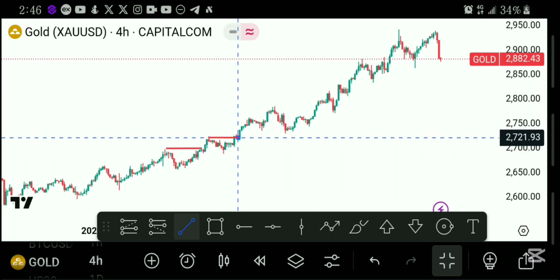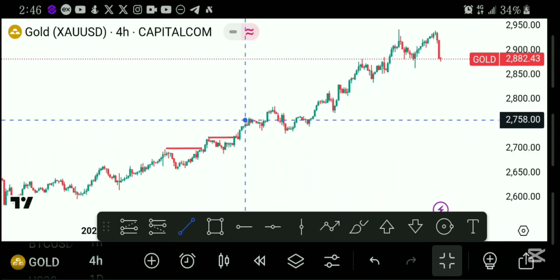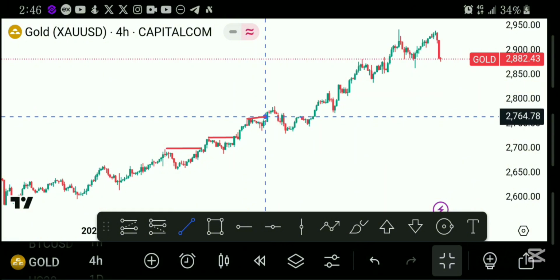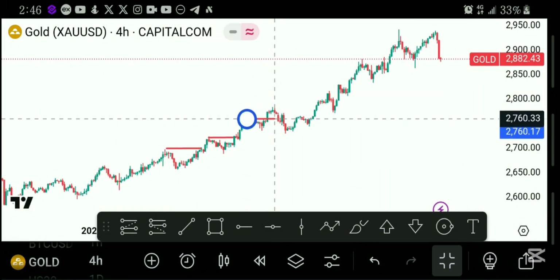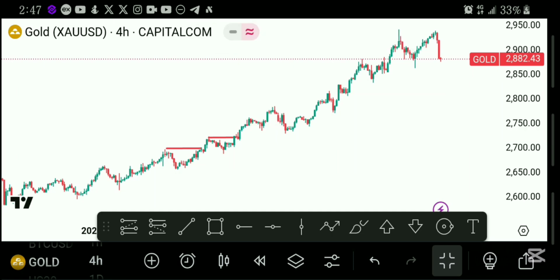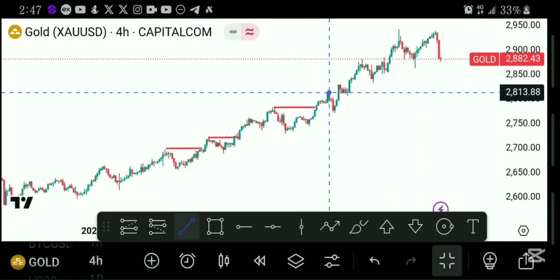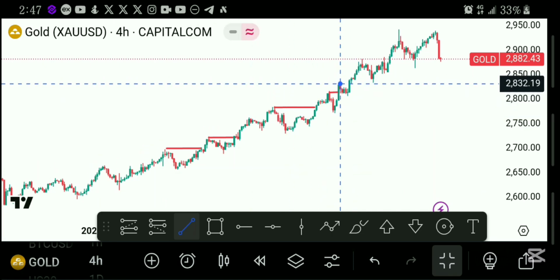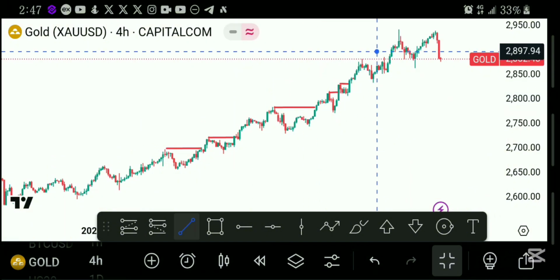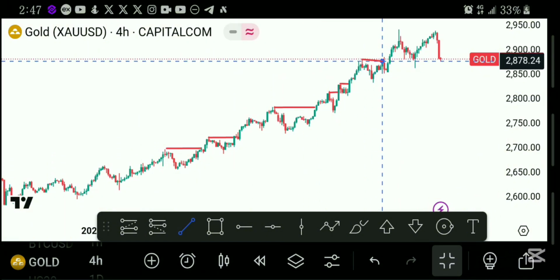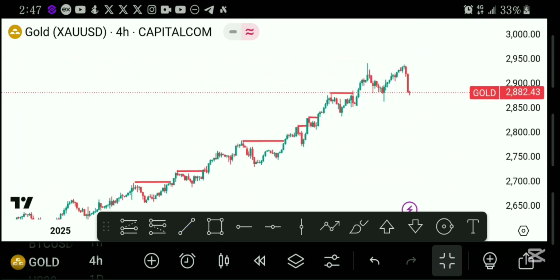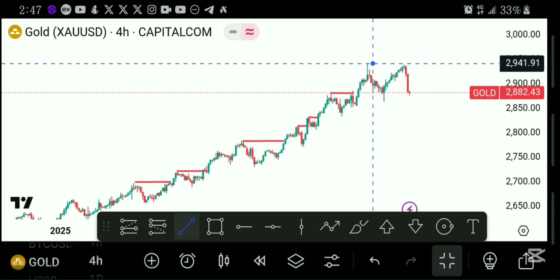You can see break of structure, break of structure, break of structure, break of structure, break of structure, break of structure, and then the market creating a resistance level around this area.